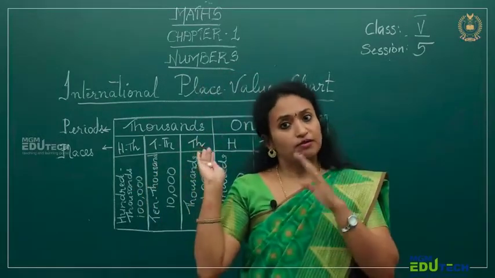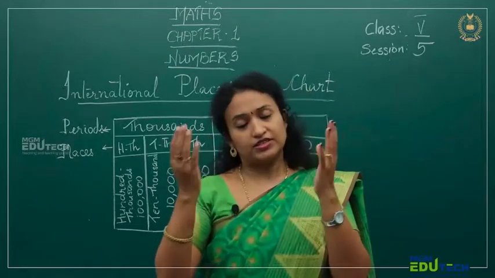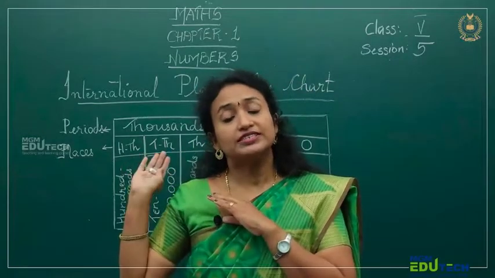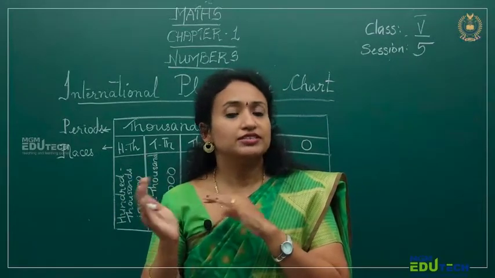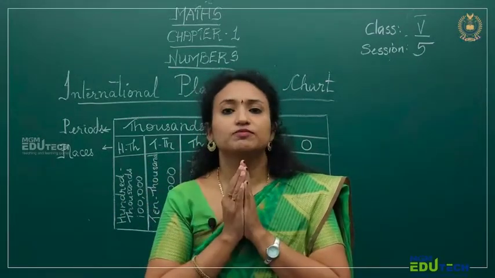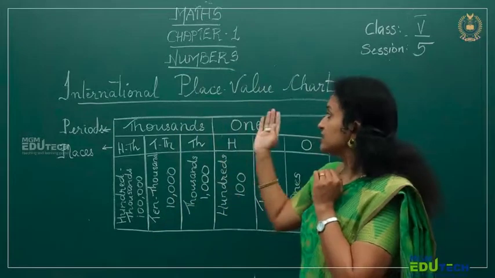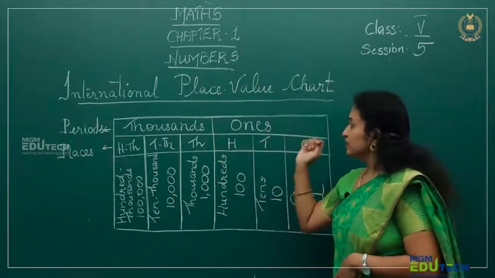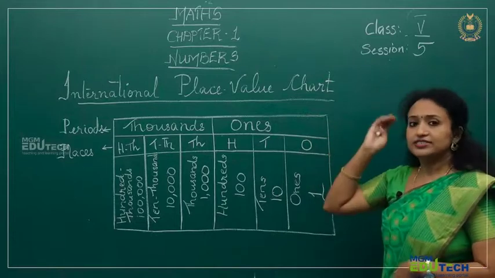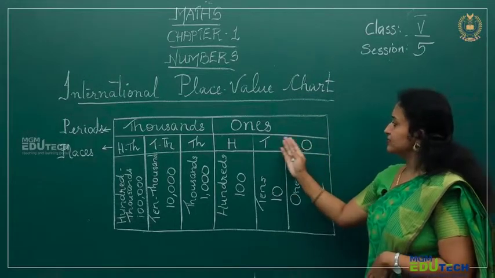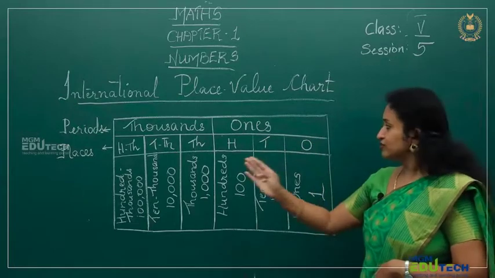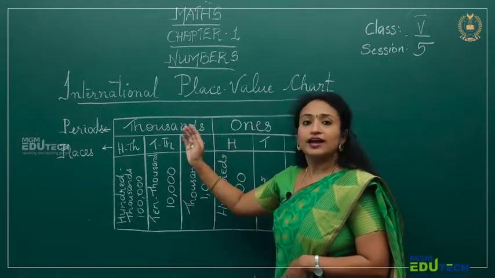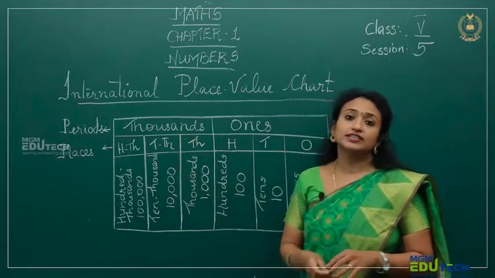Now, many countries internationally are following the international place value chart. So, let us see what is the difference between the Indian place value chart and the international place value chart. Okay. So, this is our international place value chart. Here, just like the Indian place value chart, we have ones, tens, hundreds, and also thousands, and we have the place 10,000s.